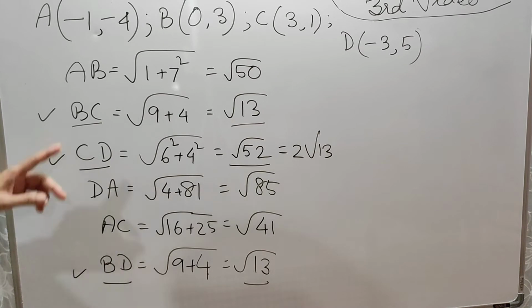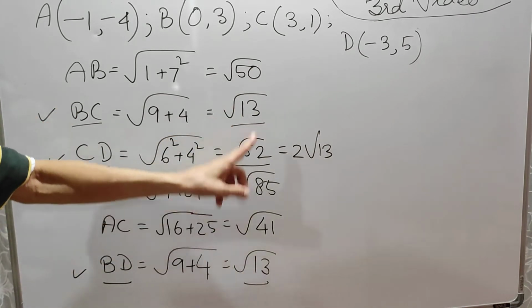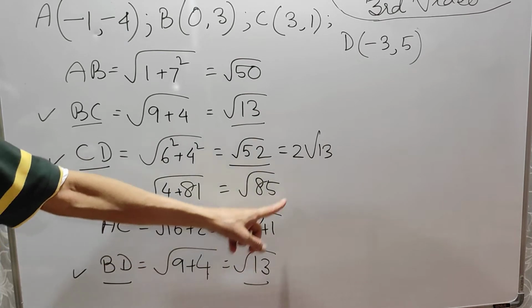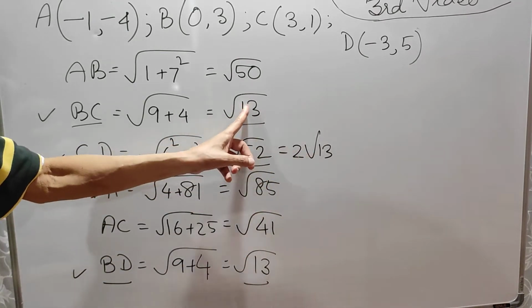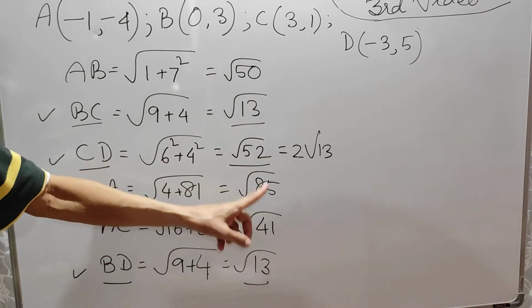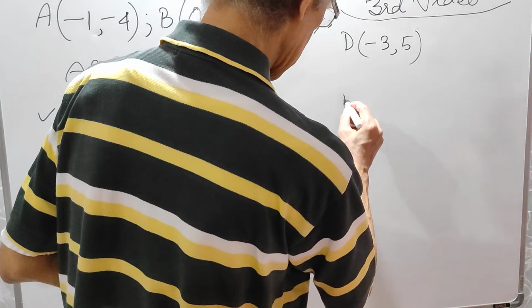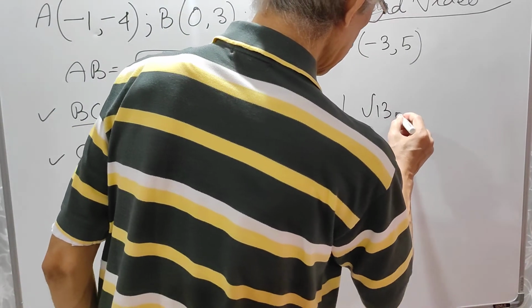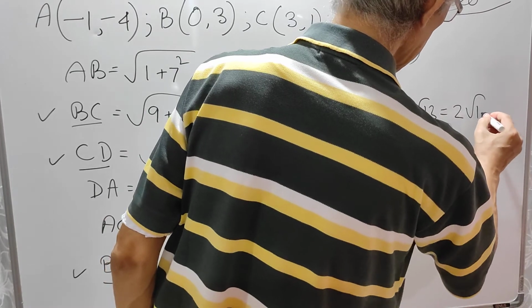So you see, BC plus BD is CD. Root 13 plus root 13 is 2 root 13. It's like x plus x, twice x. So this plus this equal to this.